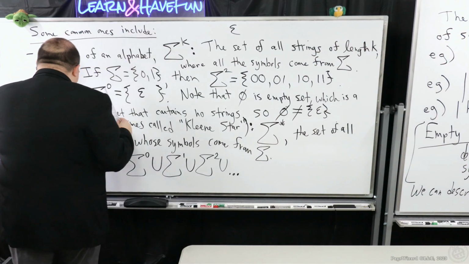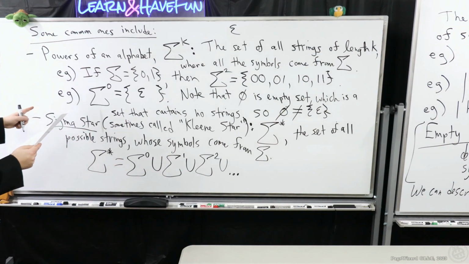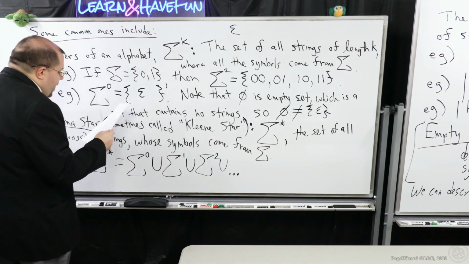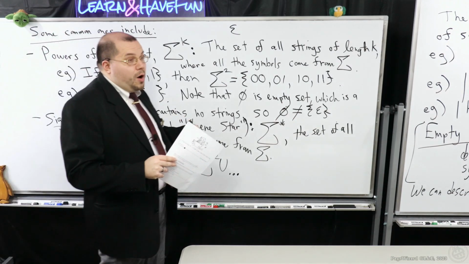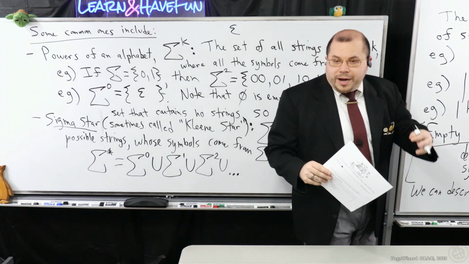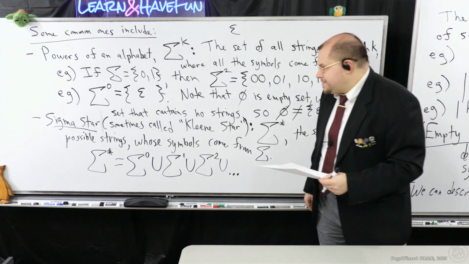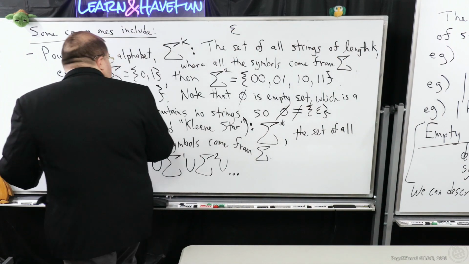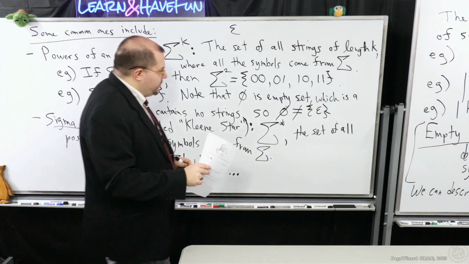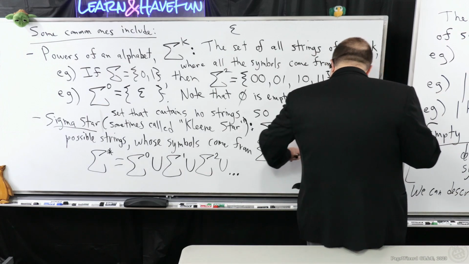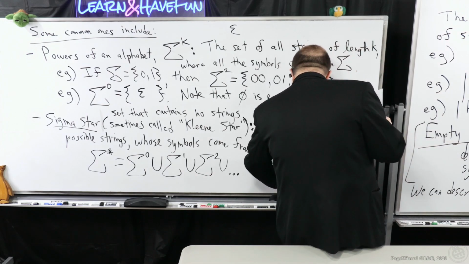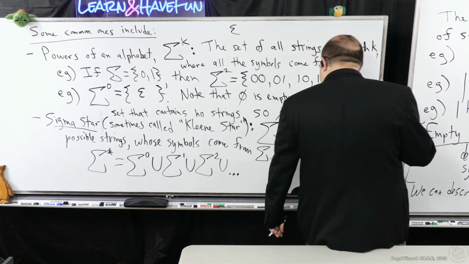Excellent. As a remark, if we ever want the set of all possible strings over an alphabet, but I don't want the empty string, there's another piece of notation I want you to be aware of. Some people use this a little bit more often. It's sigma with a plus instead of an asterisk.